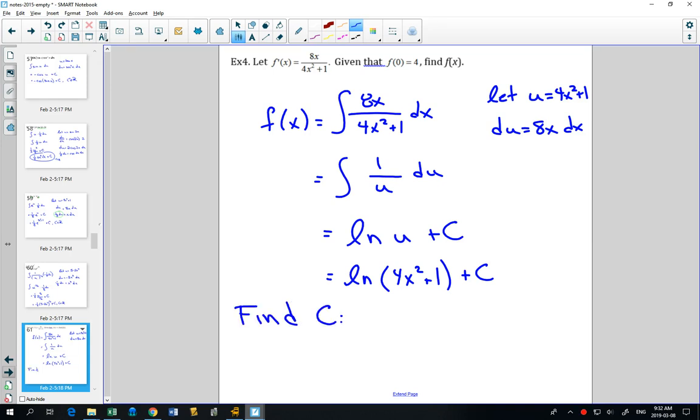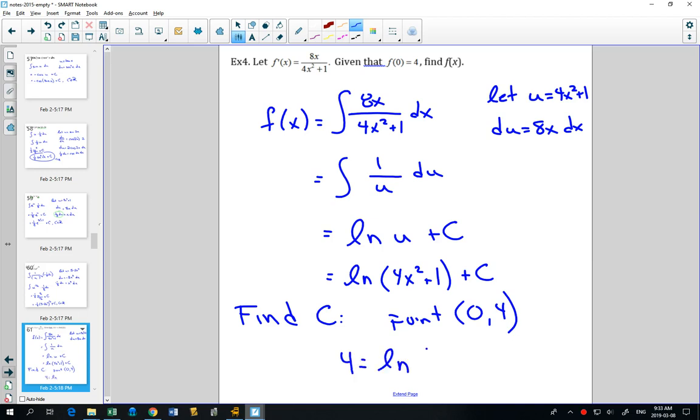We're not done yet. We have to find c. So we know that f of x equals this, and we also have a point. The point that we have is that it goes through (0, 4). In other words, when I plug in 0, y is going to be 4.